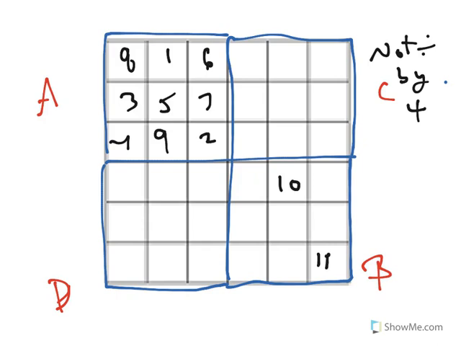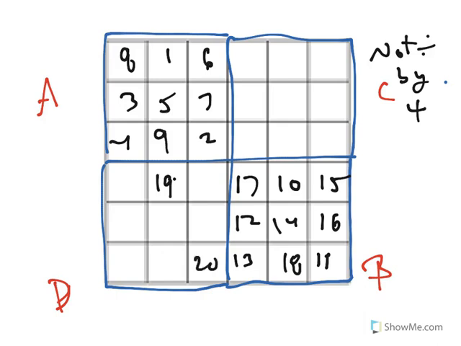10, 11, 12, 13, 14, 15, 16, 17, 18. Move over to B, 19, 20, 21, 22, 23, 24, 25, 26, 27.